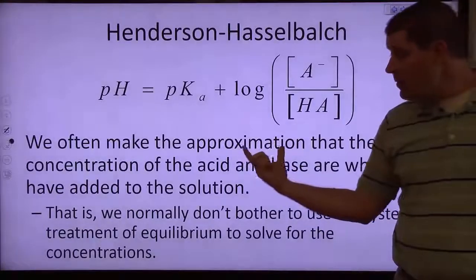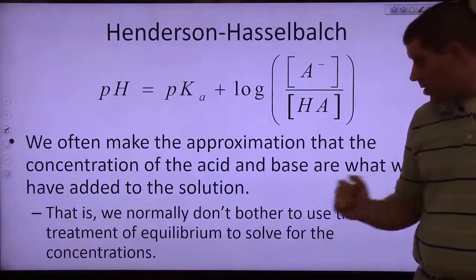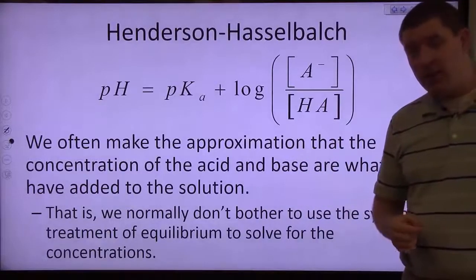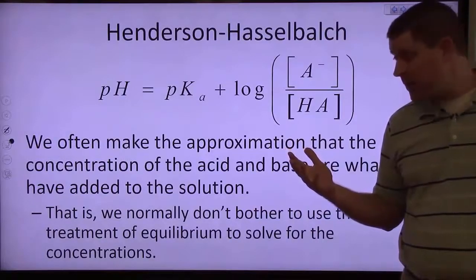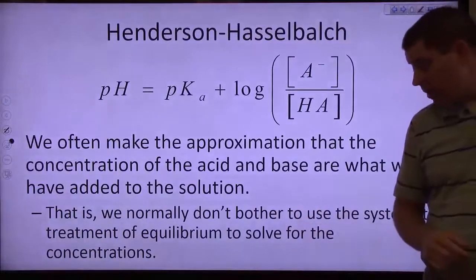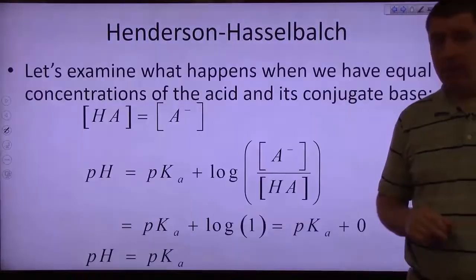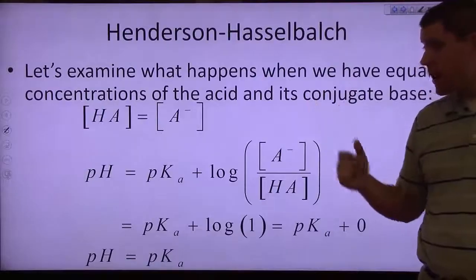Now, we often make the approximation that the concentrations of the acid and the base are what we have added to the solution. That is, they haven't reacted with each other significantly. That is, we normally don't bother to use the systematic treatment of equilibrium to solve for those concentrations. So let's examine what happens when we have equal concentrations of the acid and its conjugate base.